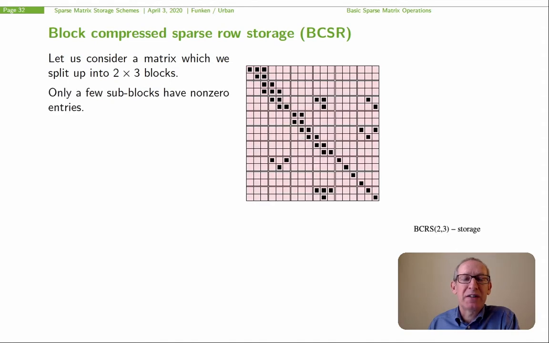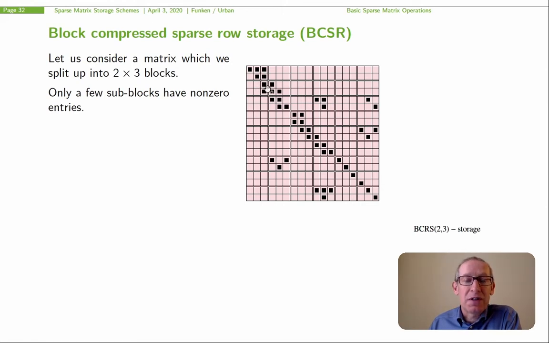So we subdivide the matrix into subblocks. We see that there are a lot of subblocks where all the 6 entries are 0, and a few subblocks where there are non-zero entries.